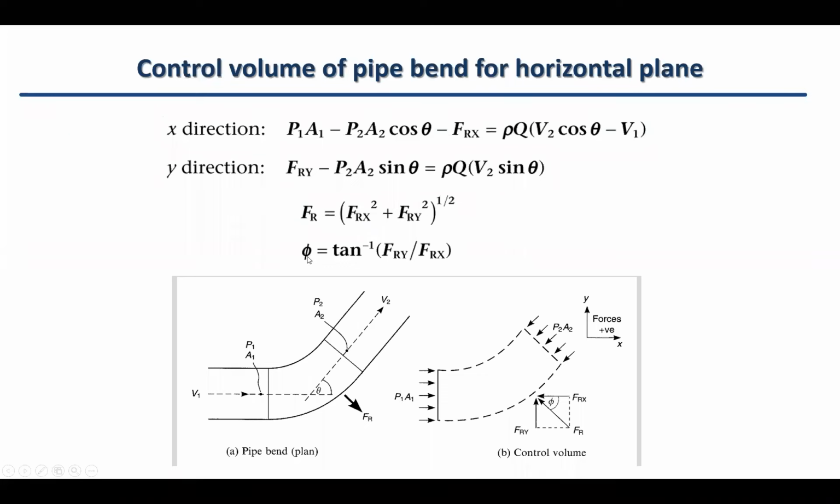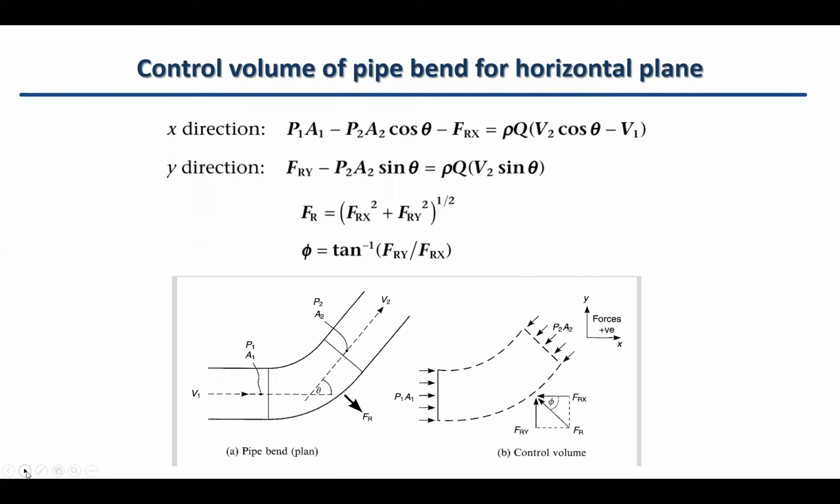The direction phi is the angle of the resultant force, not the angle of the bend. The angle of the bend is theta. Phi is calculated as the arctangent of FRY, the opposite, divided by FRX, so it's an angle to the horizontal direction.